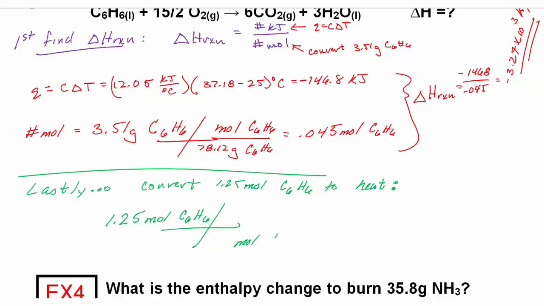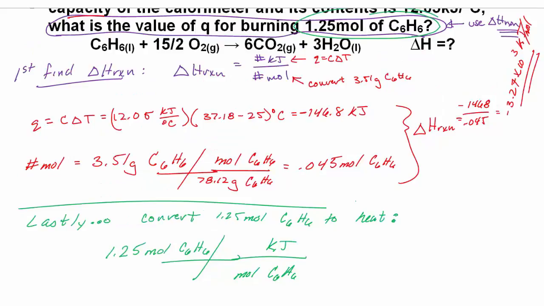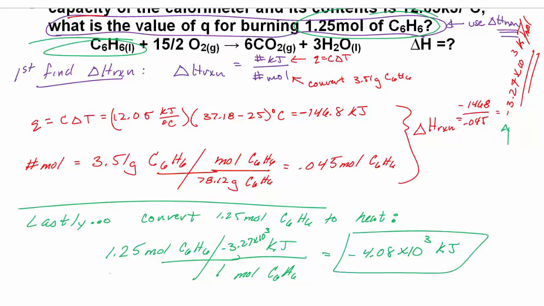So in a mole of benzene, how many kilojoules do I have? That's the thermochemical equation. We said that we have right here negative 3.27 times 10 to the third and 1 mole of benzene. So in the end, we get about negative 4.08 times 10 to the third kilojoules. So when 1.25 moles of benzene is burned, we get about 4.08 times 10 to the third kilojoules of heat being given off.